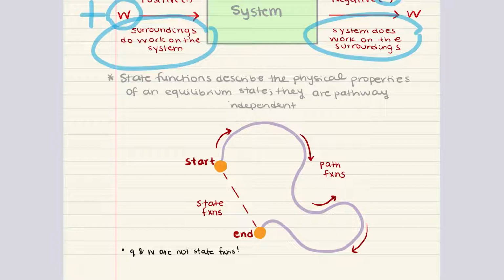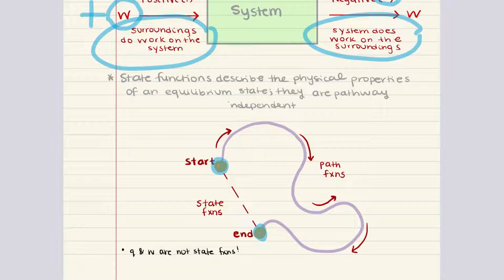Examples of state functions include temperature, pressure, volume, concentration, energy, enthalpy, entropy, and Gibbs free energy. These are all examples of state functions, which means that these variables are independent of the history of the system. It doesn't matter how you get from the start value to the end value. It just matters what the start and end values are.